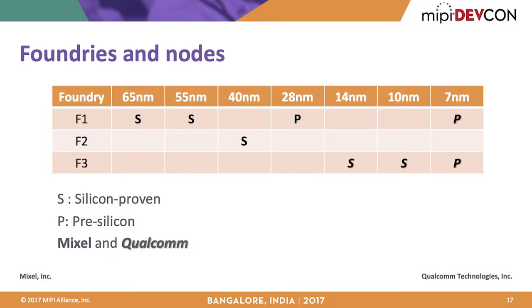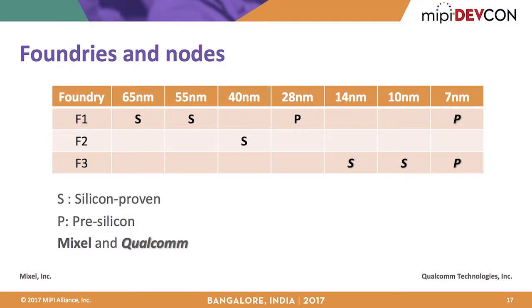This slide shows the coverage that both Qualcomm and Mixel have today. The IP by both companies has been silicon proven in 3 different foundries and in 7 different nodes, starting at 65, 55, 40, 28, 14, 10, and 7.